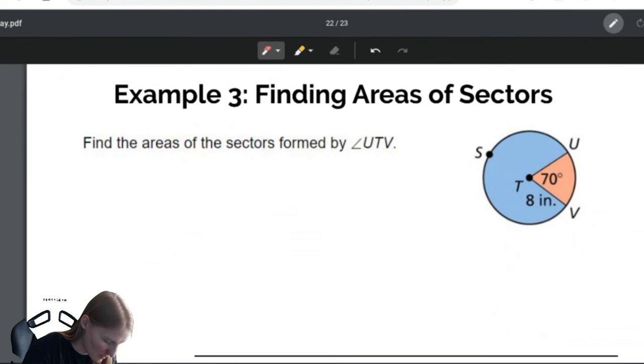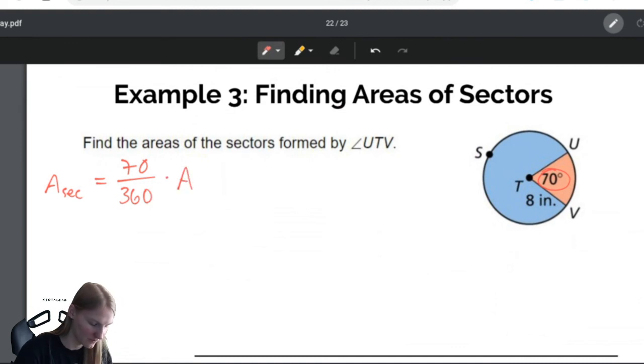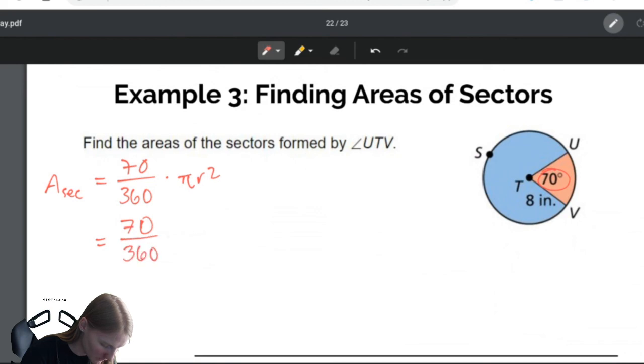So remember, the area of a sector is equal to that 70 degrees right there out of 360 times the area, which is pi r squared. So we have 70 out of 360 times pi 8 squared, which is, let's just show all of our steps. This is 64 pi.